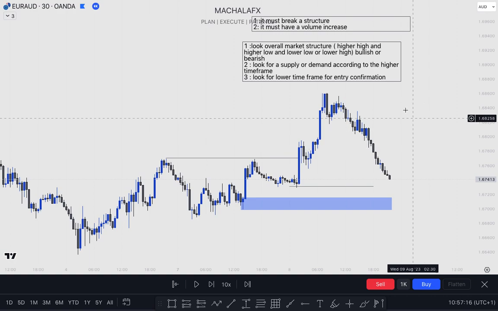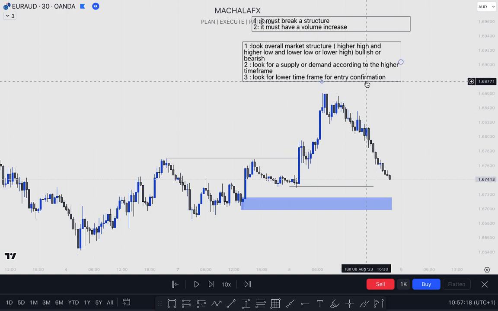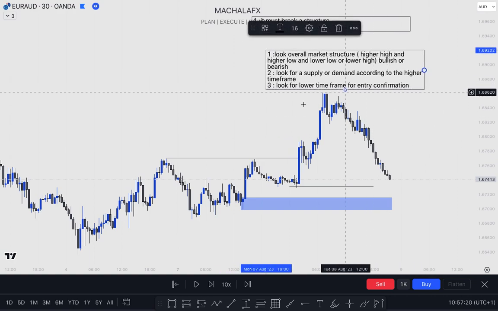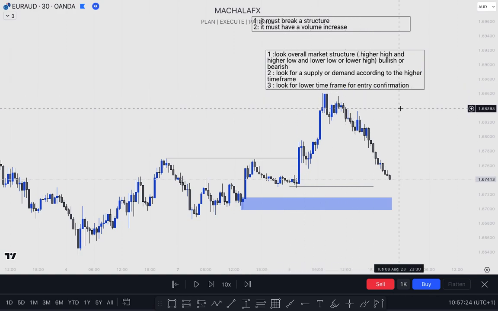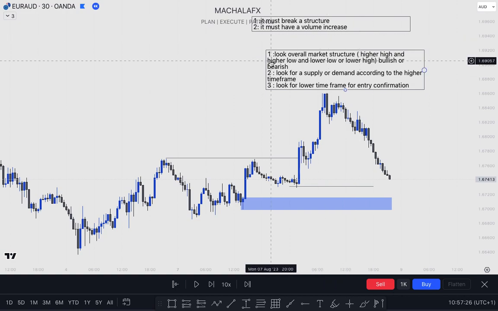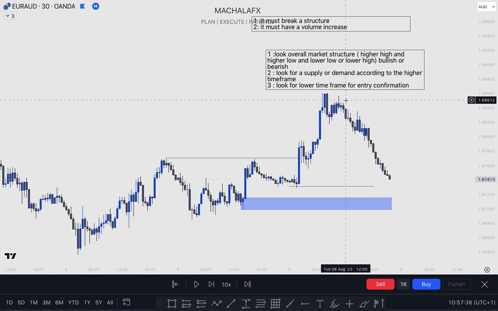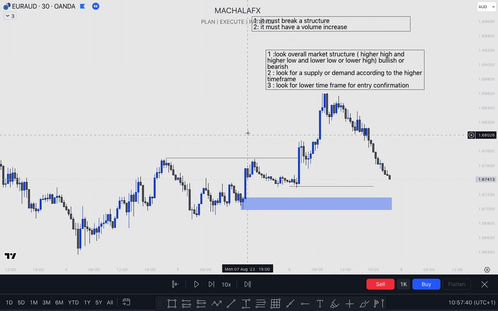And when I replay it back, we will look for the third rule, which is look for lower time frame for entry confirmation. Now we know to look over all market structure, higher high and then higher low, and lower low or lower high. A higher high and a higher low, which is a demand level, the market is bullish.